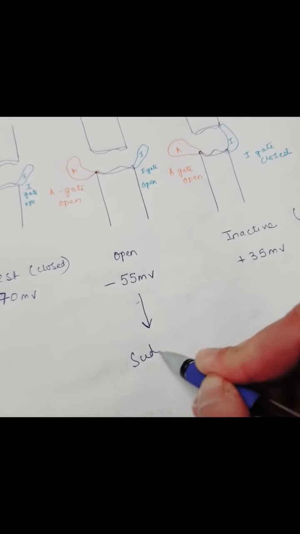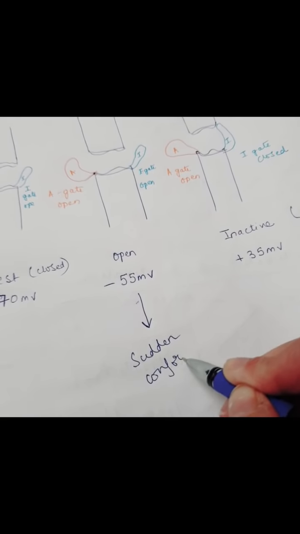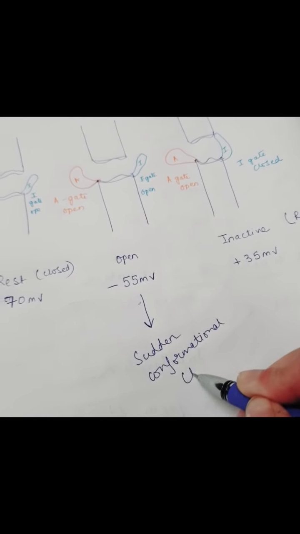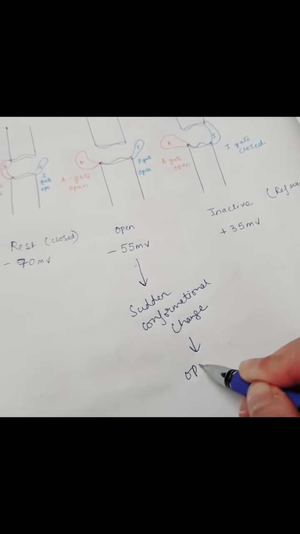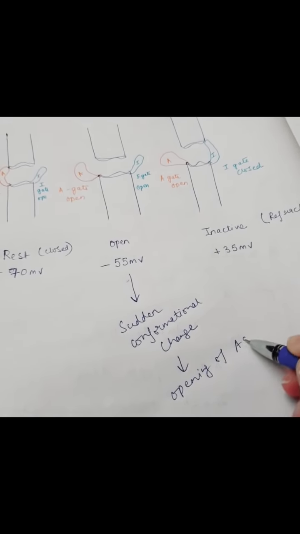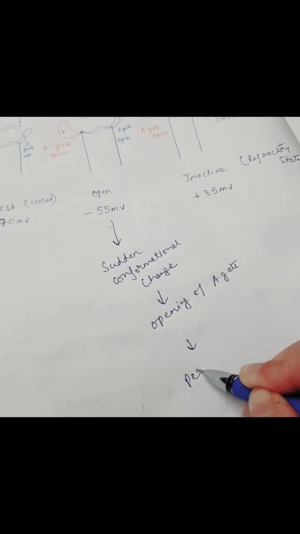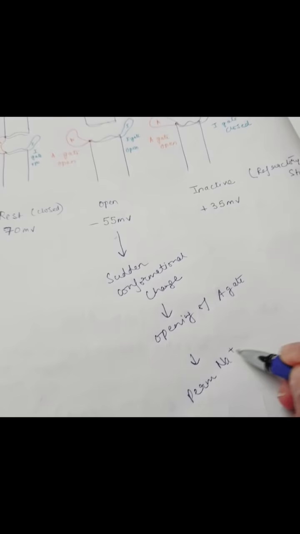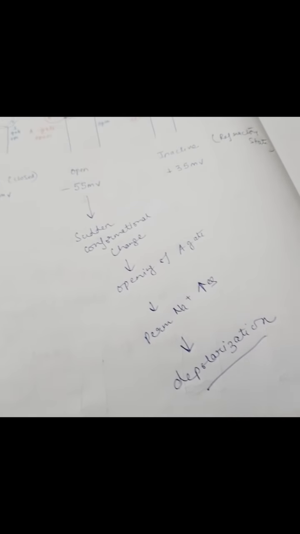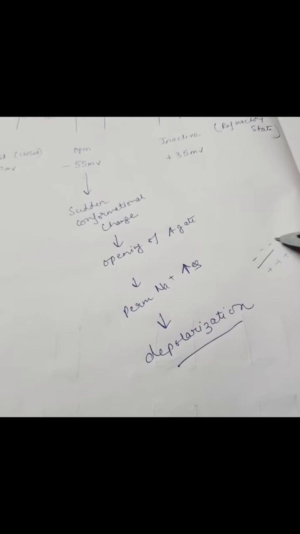There is a sudden conformational change, opening of the A gate, permeability of sodium increases, and depolarization occurs. We already know what depolarization is: when the inside of the membrane becomes positive and the outside is negative. So this is how activation occurs.